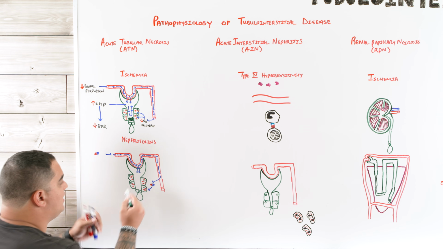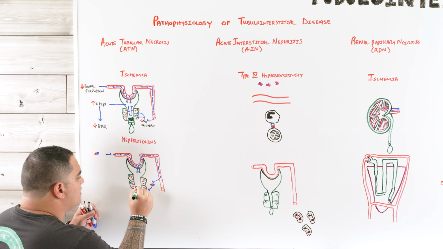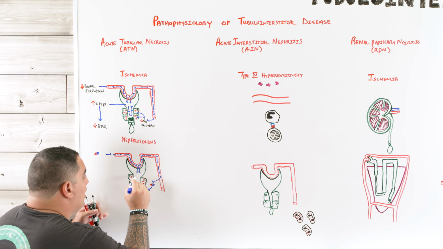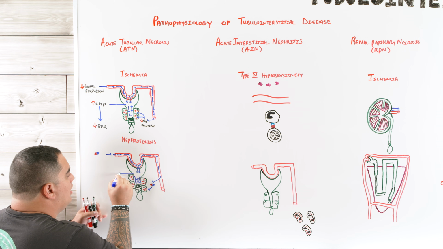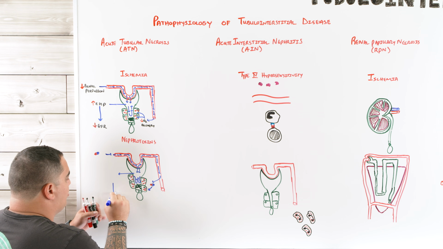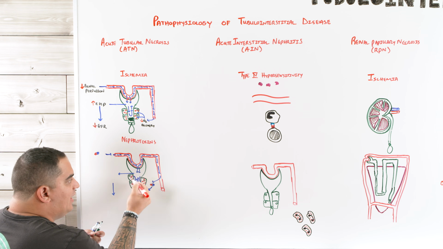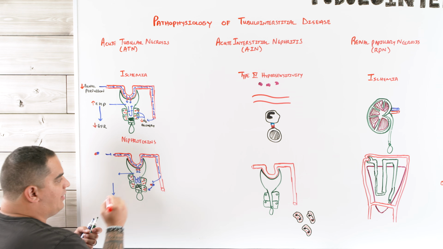Either way, in both of these scenarios, the tubular cells slough off and they plug up this lumen. If they plug up the lumen, it leads to a back pressure. And what is that back pressure again called? It's called capsular hydrostatic pressure that goes up. And as the capsular hydrostatic pressure goes up here, it impedes the flow of filtrate out of the glomerulus.